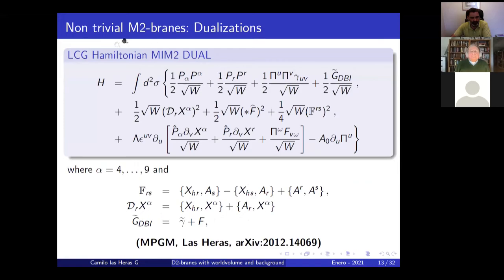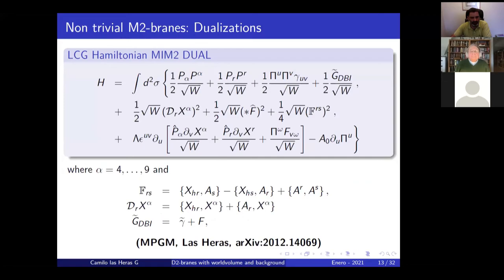Now that we have three different non-trivial sectors of M2 brane theory, we may think of the dualization process proposed by Duff and Townsend in the 90s, where they say that an M2 brane in a background compactified on a circle is dual to a D2 brane.